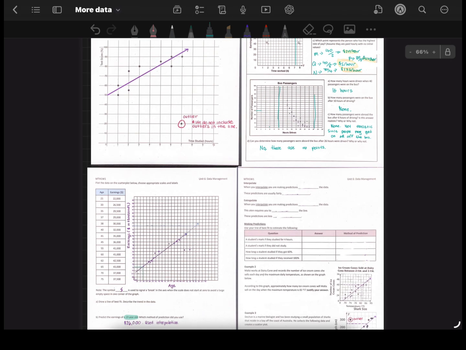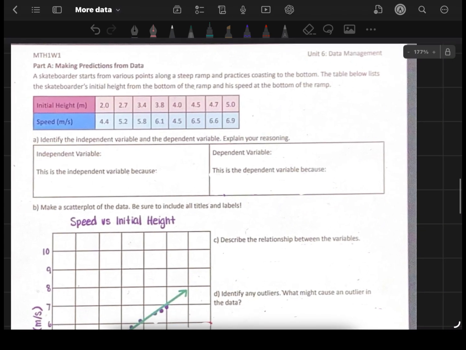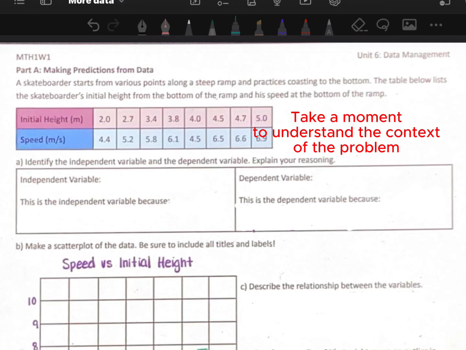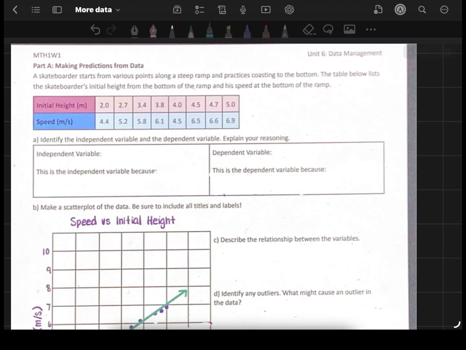So for our next piece, we're going to be making predictions from data. Now, if we see this, we have two variables. We have initial height and speed. Our independent variable here is initial height, and this is the independent variable because the value does not depend on speed.